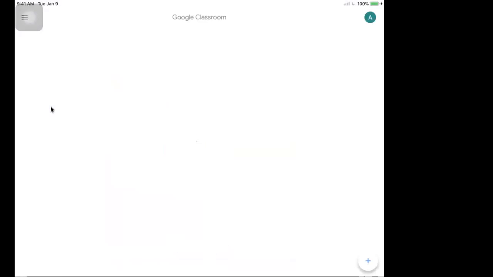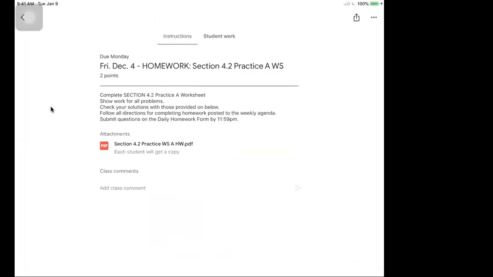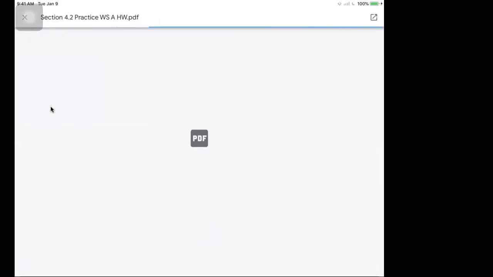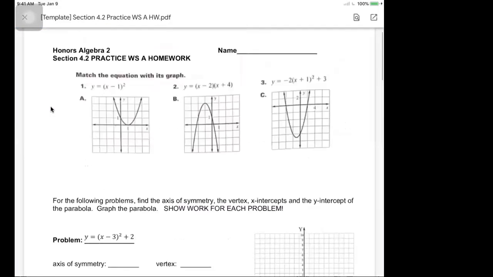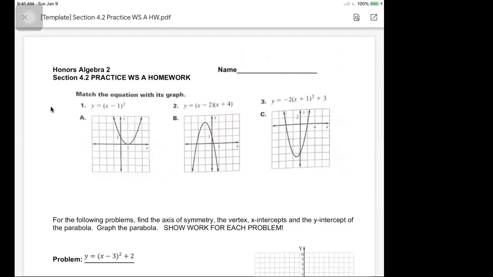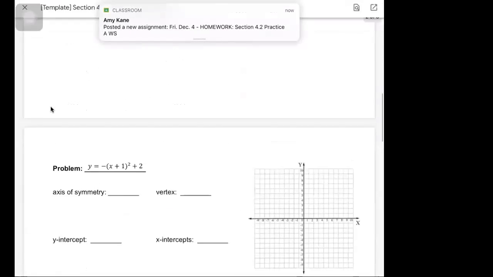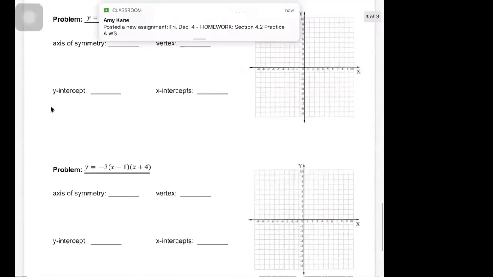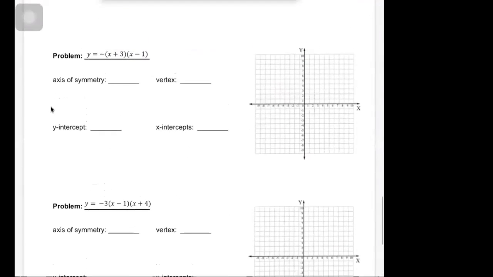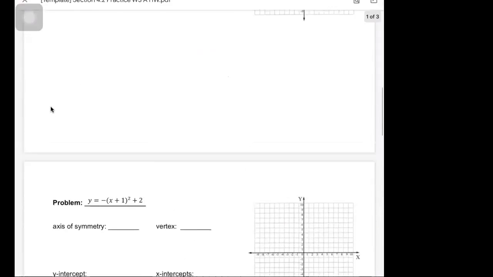This is going to have you graph in vertex and intercept form, how we did in class. The first 3 problems have you just match the graph to the function. Looking at what you're given, try and determine what function it is, and then you have graphing problems, and they all give you space and have the graph on there.